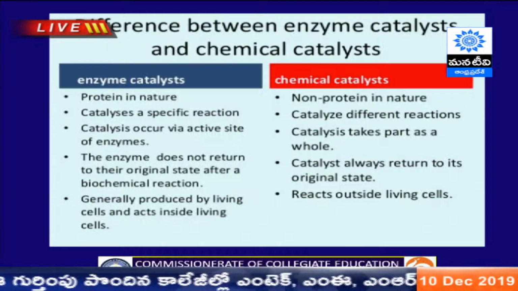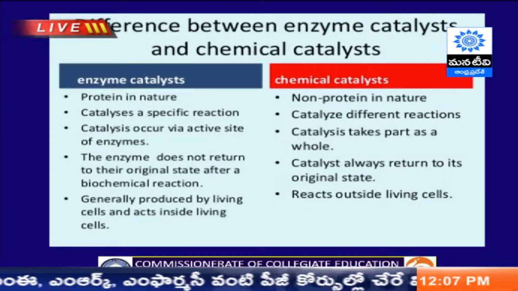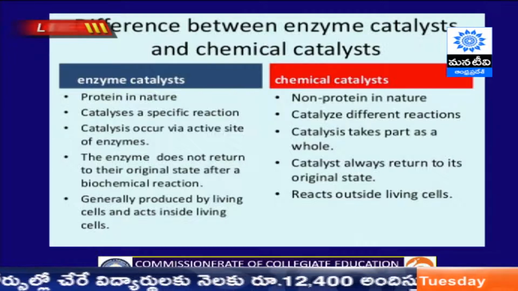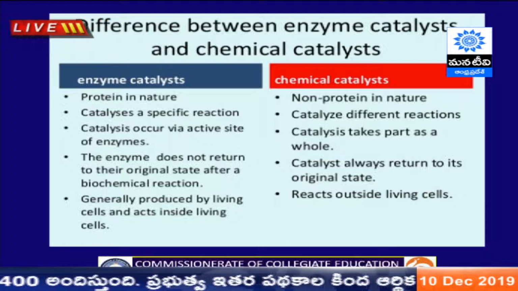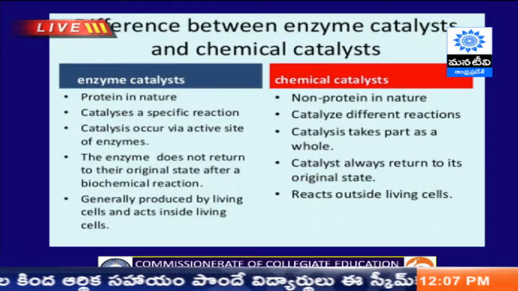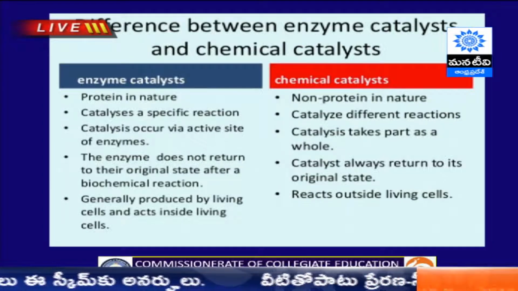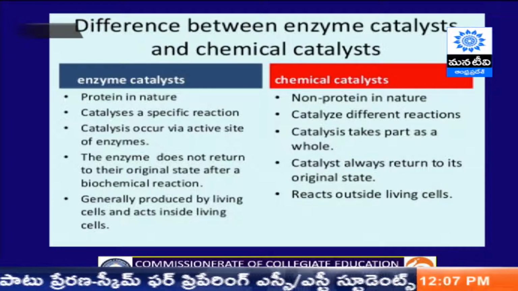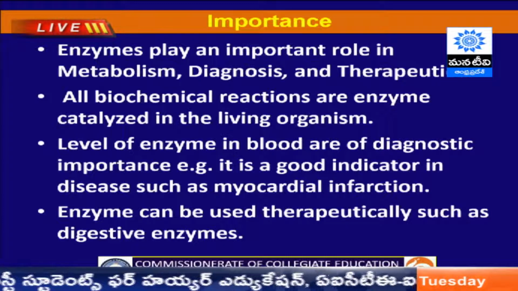Enzyme catalysts are produced by living cells and act only inside living cells, not elsewhere, whereas the chemical catalyst always returns to its original state and reacts outside living cells. These are the main differences between enzyme catalysts and chemical catalysts. Enzyme catalysts exist only in living cells, whereas chemical catalysts exist outside living cells.